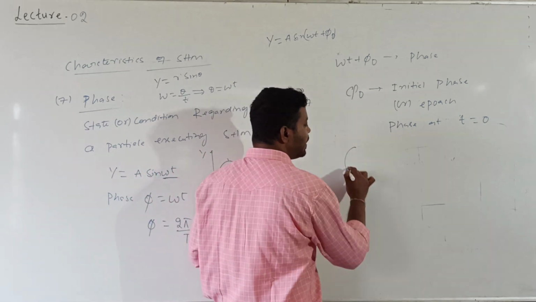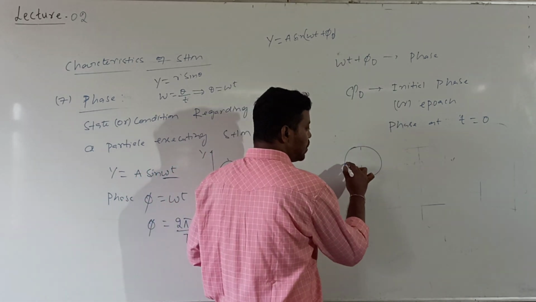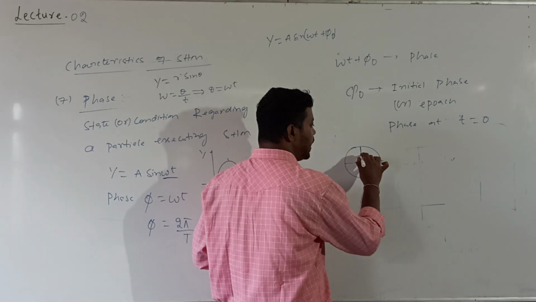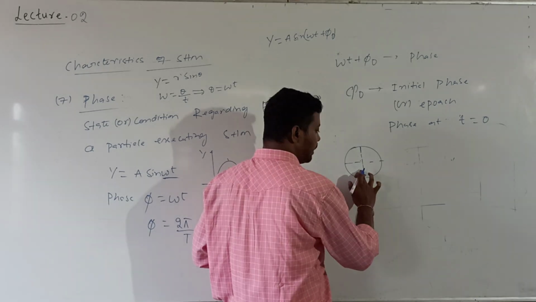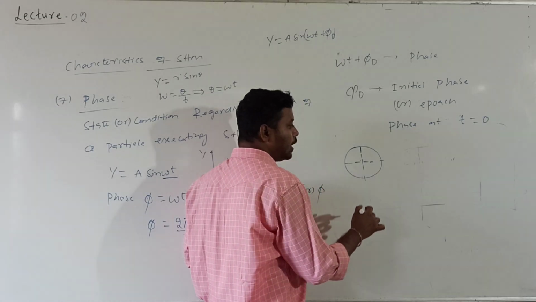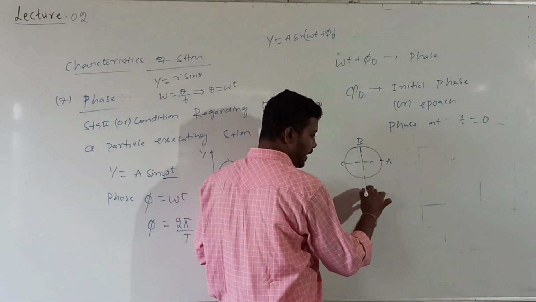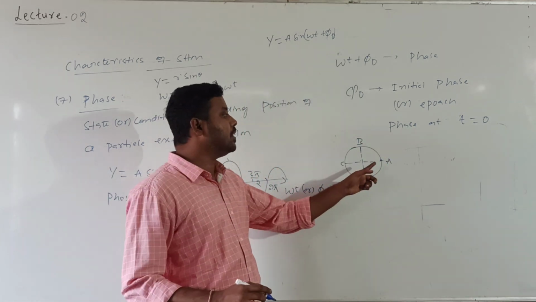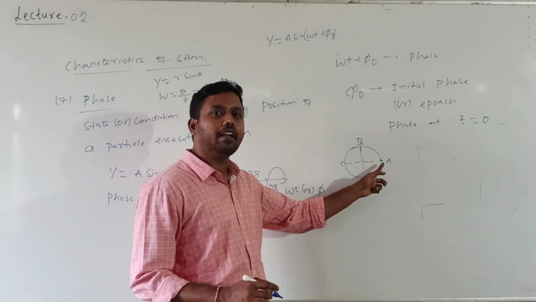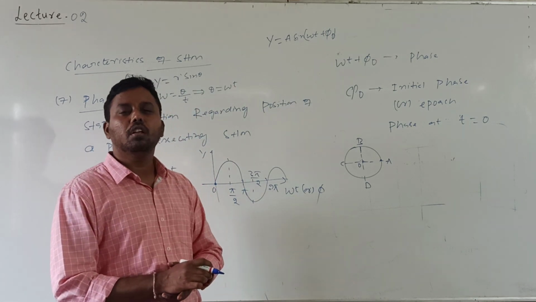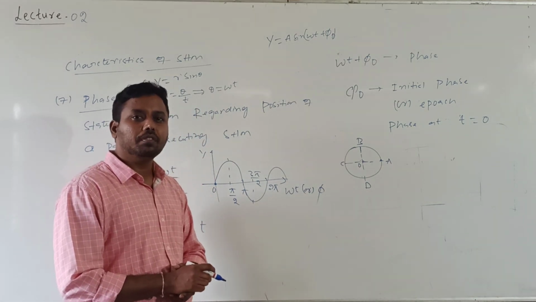Now see yesterday's example for circular motion. If the particle is moving in a circular path, this is A, B, C, D. Initially the particle started the journey from E, and theta perpendicular started the motion from O, called the mean position.